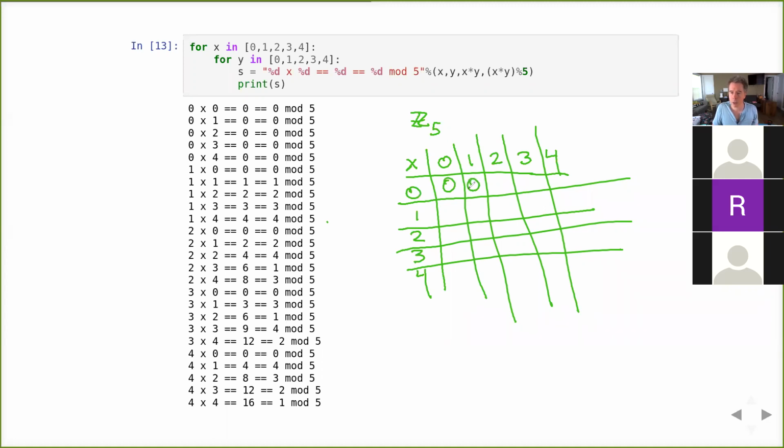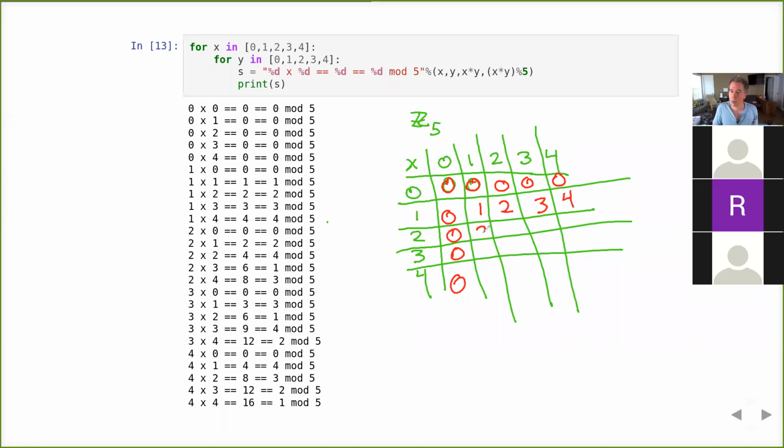These are all zeros. And you get all zeros here. And with 1, 1 times anything is itself.